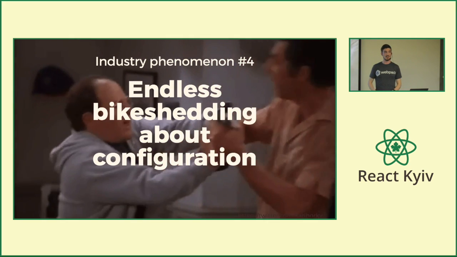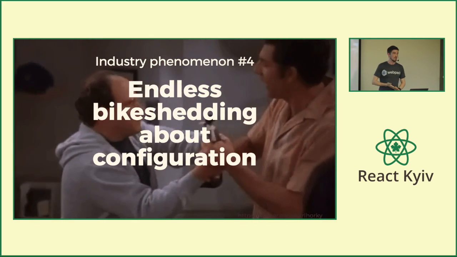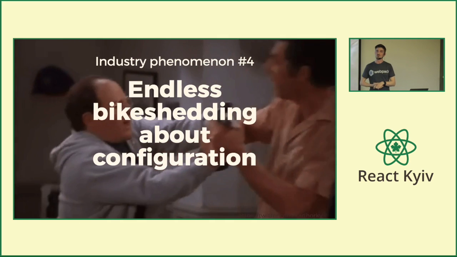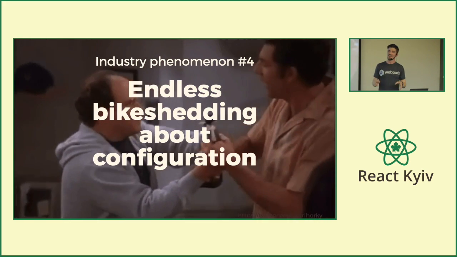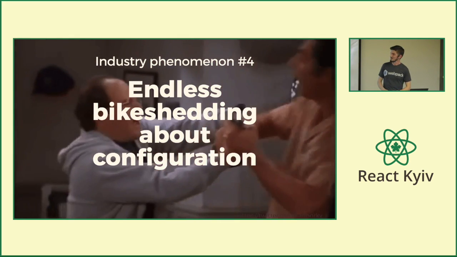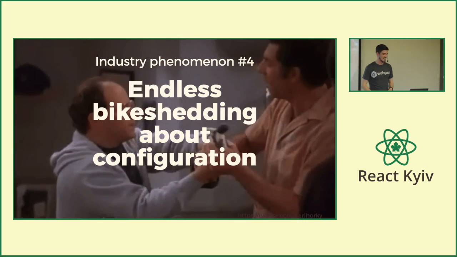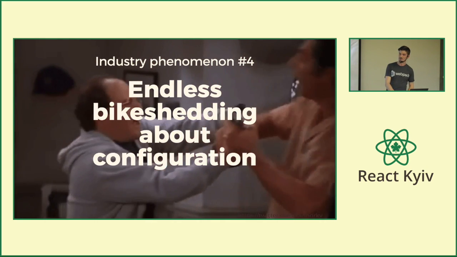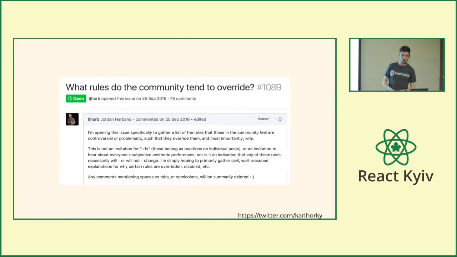I don't know if you guys have ever argued about which ESLint rule to configure in which way. I've done this a lot myself, and it's really bad. I've had pull requests where I'm just like, yeah, you missed a semicolon there or something. This is a good example here: the Airbnb JavaScript repo, where they have a lot of ESLint configuration.